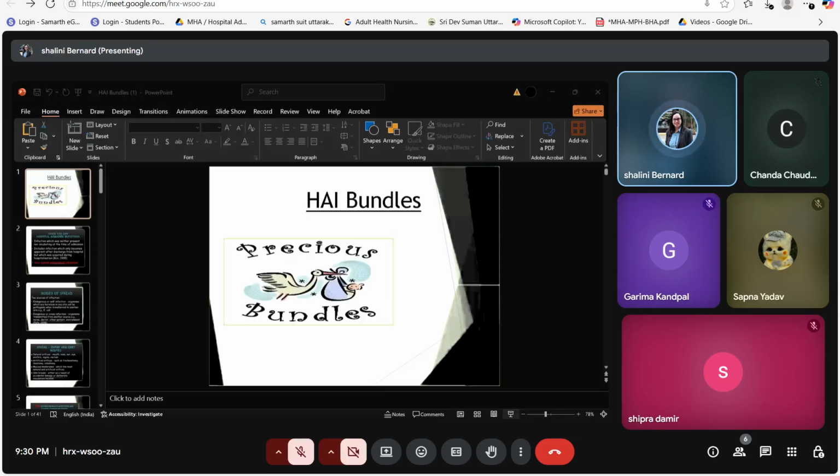How can we prevent surgical site infection? A prophylactic antibiotic is given 1 hour prior to the surgical incision. So before incision of the skin, we have to give a prophylactic antibiotic. What is the rationale?